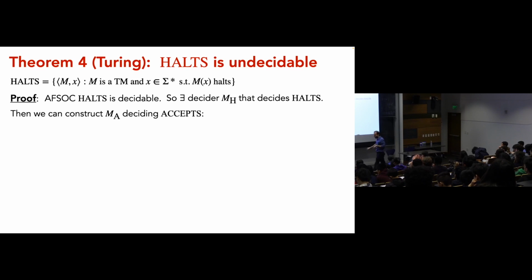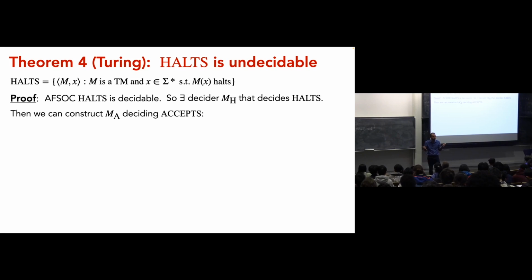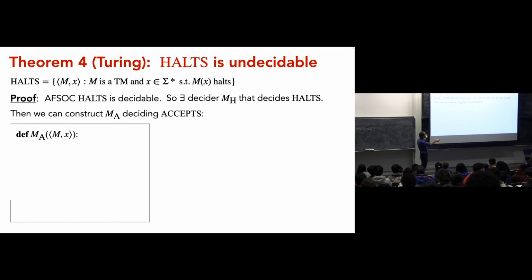The problem with the naive algorithm was that I cannot just simulate m on x because I don't know whether m on x halts or not. But now I have this wonderful halting decider. So the first thing I'm going to do is feed m and x into m sub h.